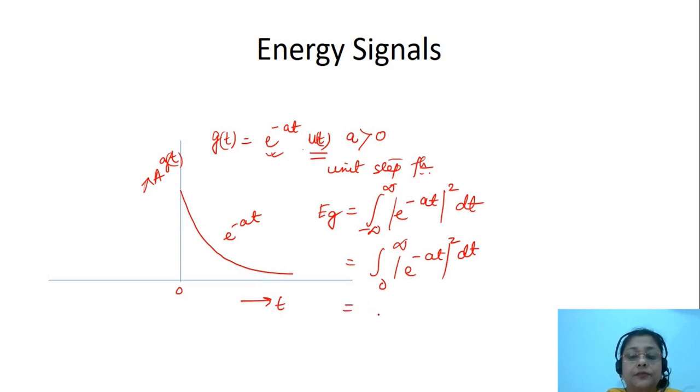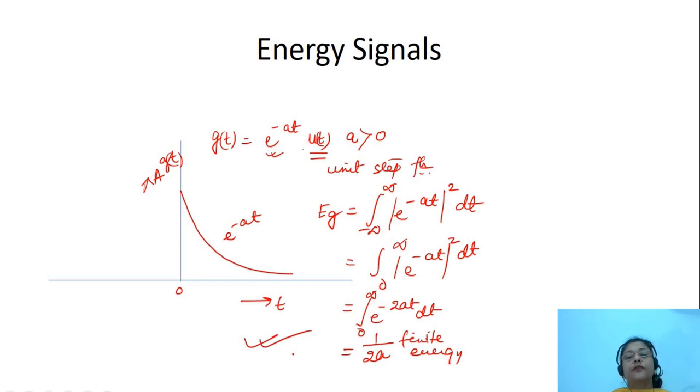So it will be e to the power minus 2at dt from 0 to infinity. So the answer will be 1 by 2a. We can find that we have finite energy. So this is an example of an energy signal.